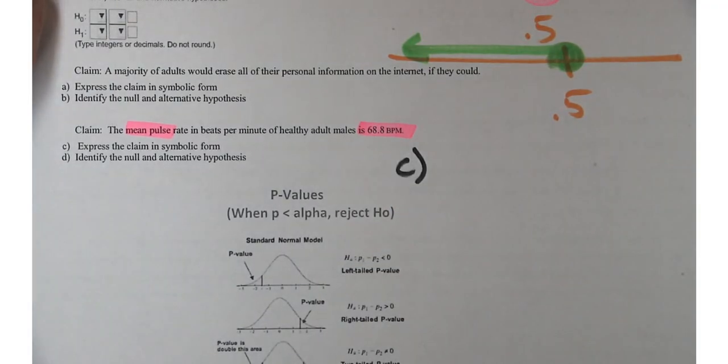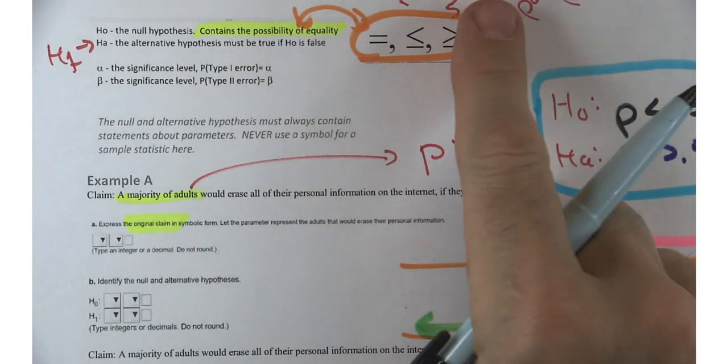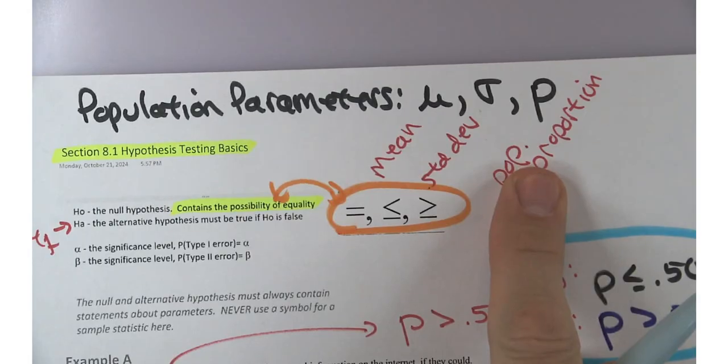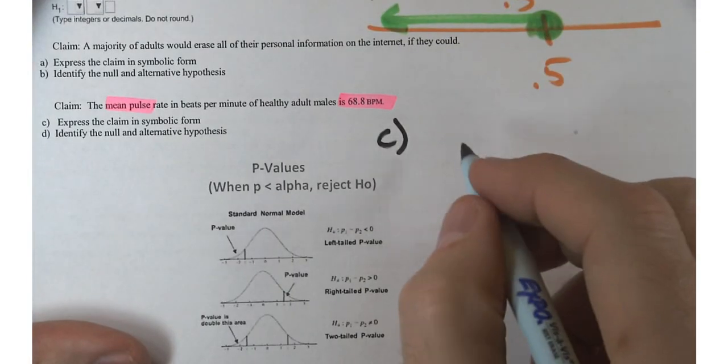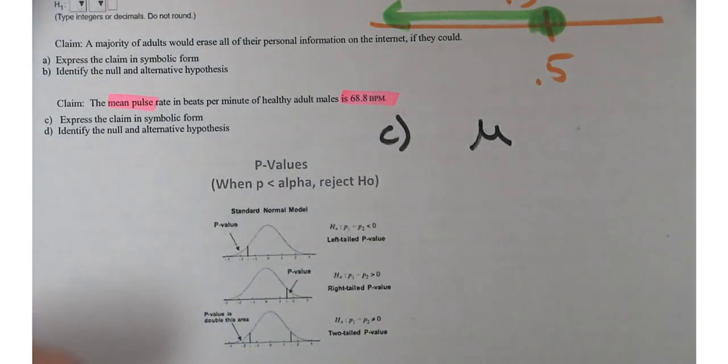No, I don't want the H naught yet. Just this much. First of all, what parameter am I testing? Am I testing mu, sigma, or p? Mu. So it's going to be something about mu. Then what? What math symbol can I use? Joy? Suggestions?